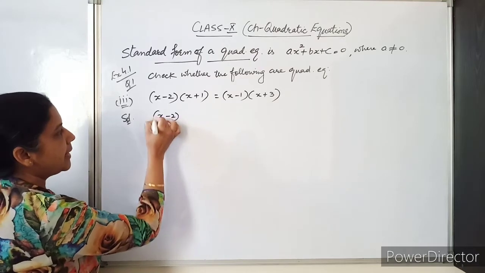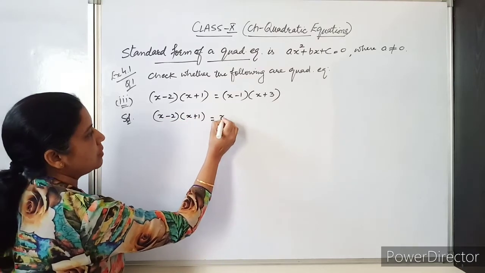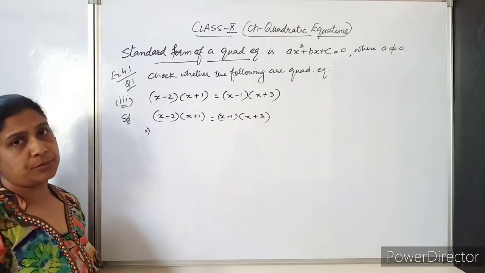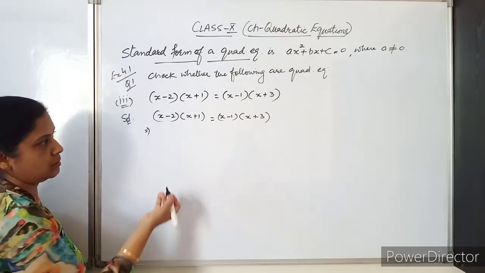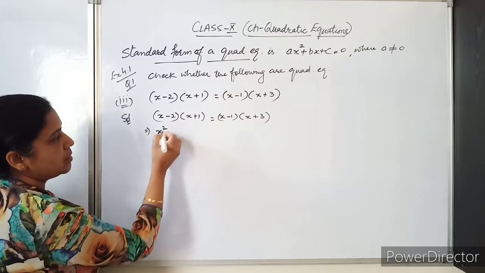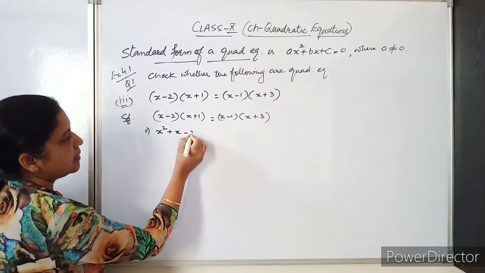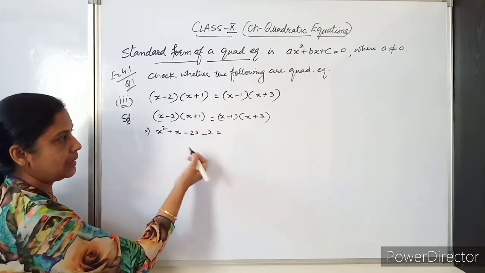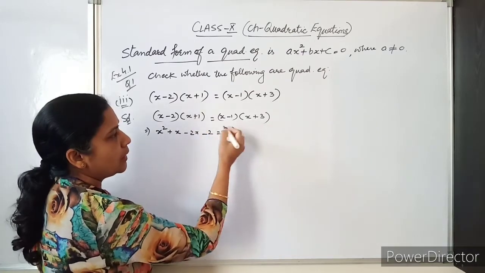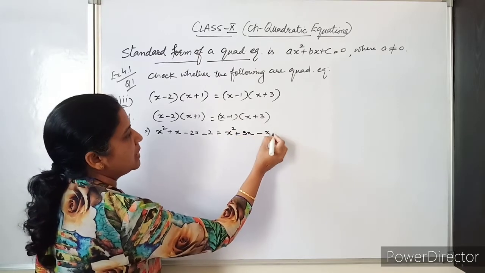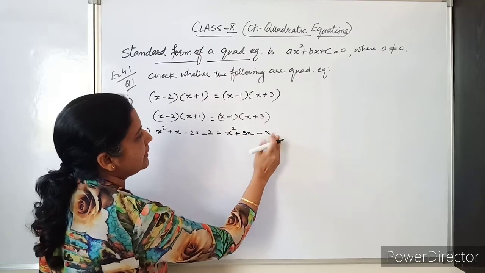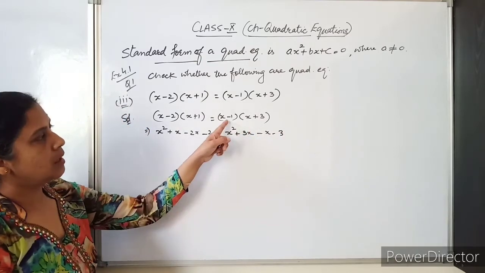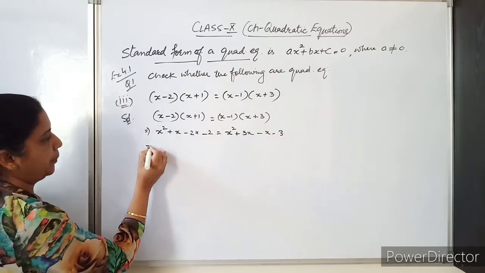Let's simplify the given equation. Be very careful when you note down the equation from the question. So I'm going to simplify it. x into x, x square, plus x minus 2x minus 2. This is LHS. On RHS, each and every term will be multiplied, and here I get x square plus 3x minus x minus 3.